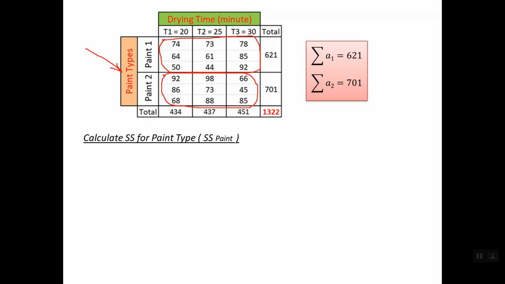If you sum up for paint 1, you'll get 621, and for the second type of paint, it is 701.